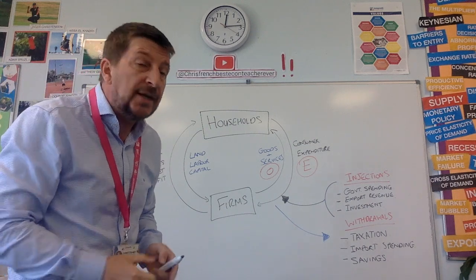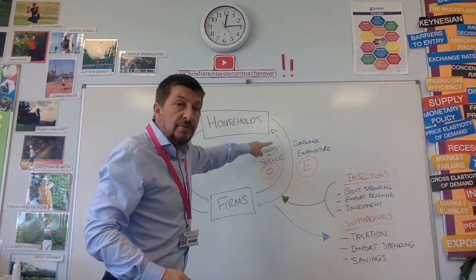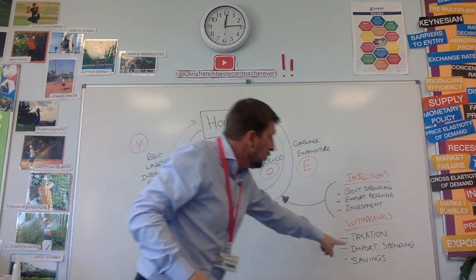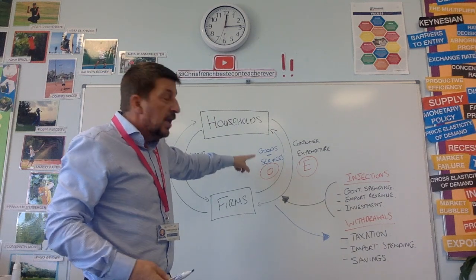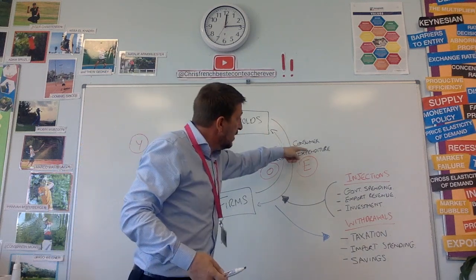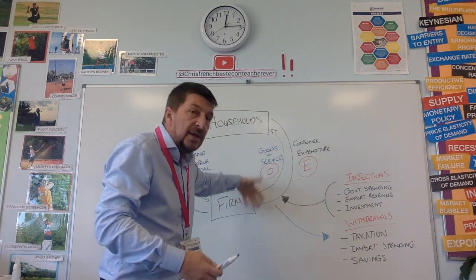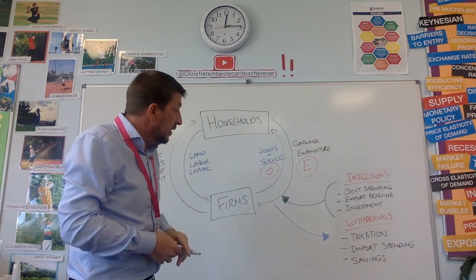Next, import spending. So households don't only buy goods and services from firms within the economy. They may choose to buy from foreign companies. Okay, and therefore they are spending their money. The consumer expenditure is not staying in the economy. It is leaking out of the economy to a foreign economy.